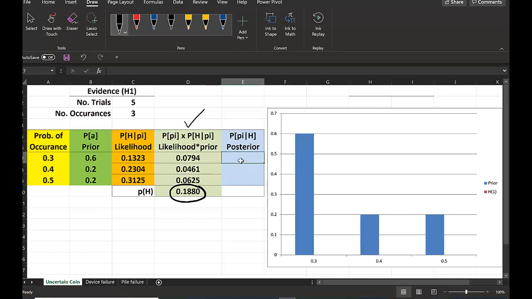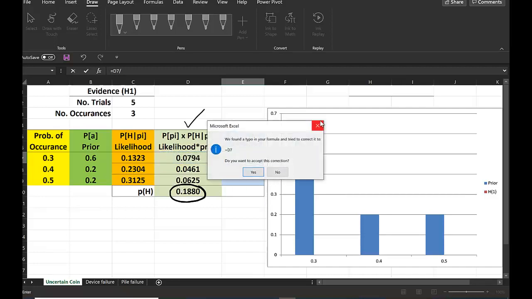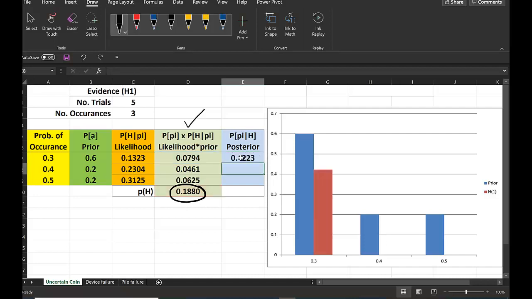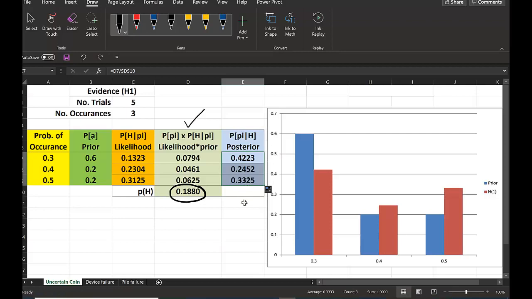So this is equal to this value divided by this value, and let us fix this. If I drag this, it will give me the corresponding posterior distribution.